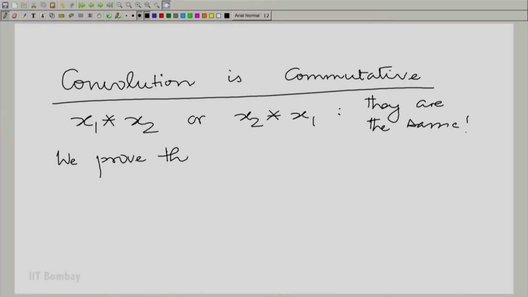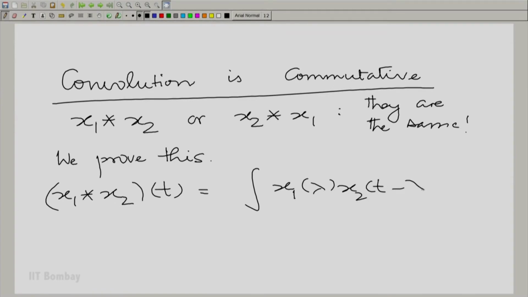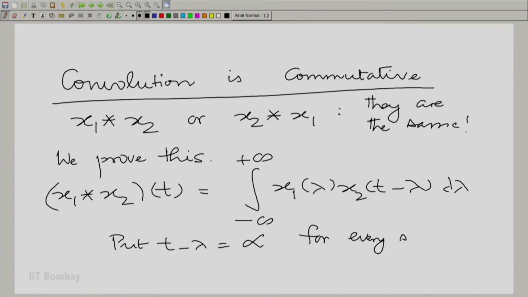We prove this. Indeed, x1 convolved with x2 evaluated at t is the integral of x1(λ) x2(t − λ) dλ integrated over all λ from minus to plus infinity. Put t − λ as another variable α for every specific t. Now, notice that when you do this, let us identify what happens to the limits.